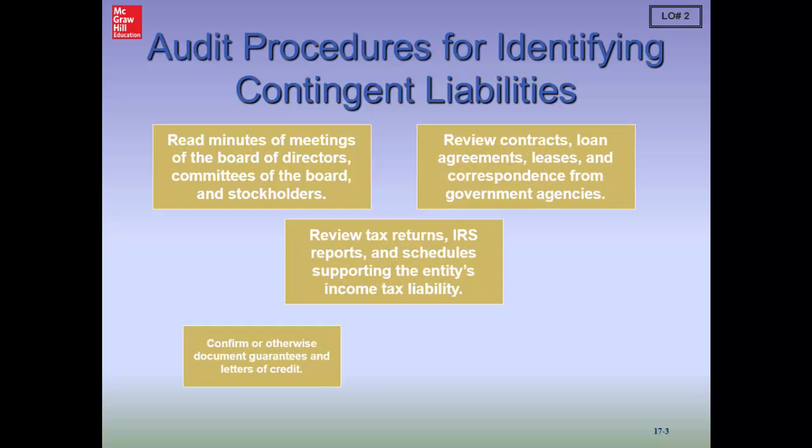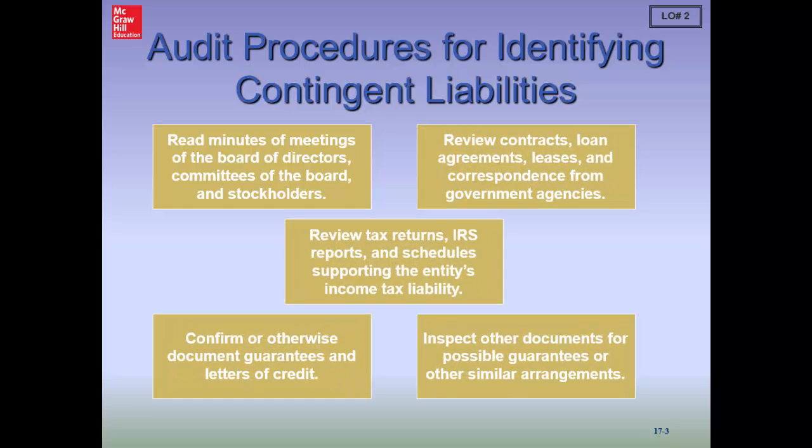So what we're looking for are items or events that should be reported as liabilities within the financial statements. So how are we going to do this? Well, we're going to read the minutes of board meetings. Perhaps these board meetings will have information that leads us to identifying contingencies.